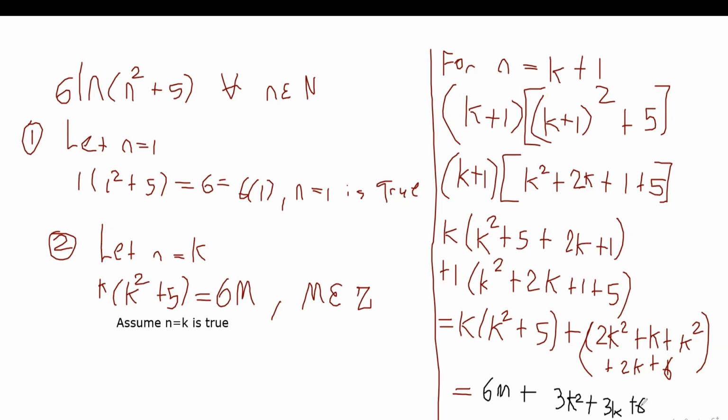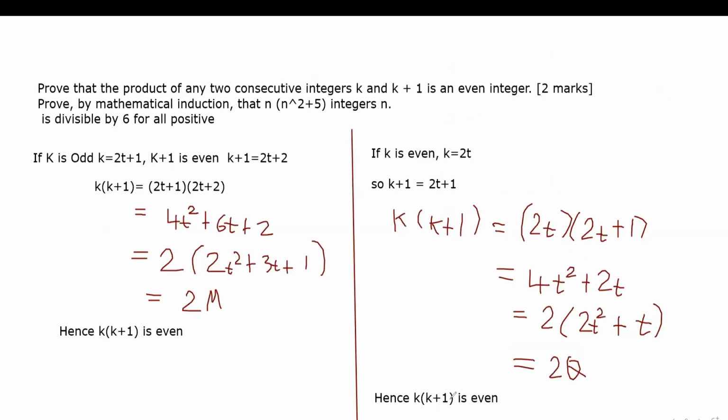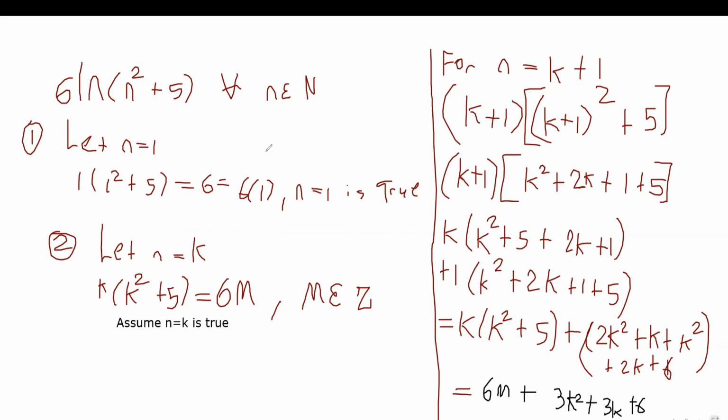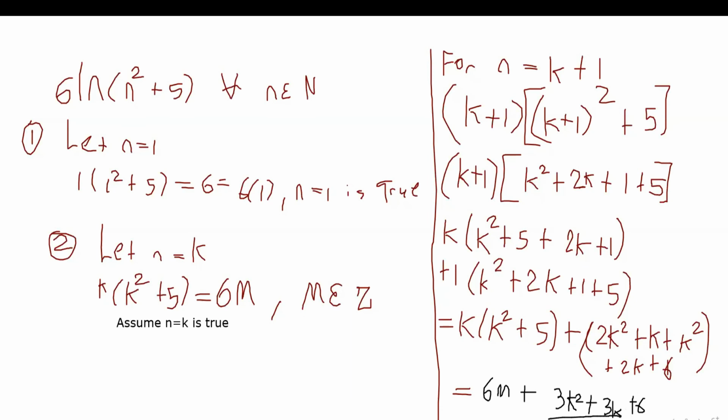Now, remember around here, we said that k times k plus 1 is even. You might say, sir, what does that have to do with anything? Well, Marika, right here, for n equal k plus 1, we're getting 6m plus, you see this 3k squared plus 3k, Marika? We're going to factor out 3k.